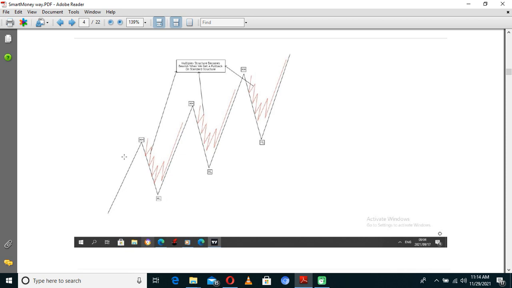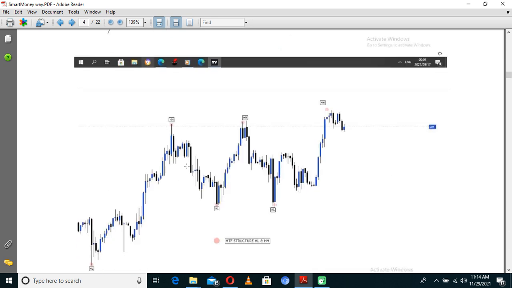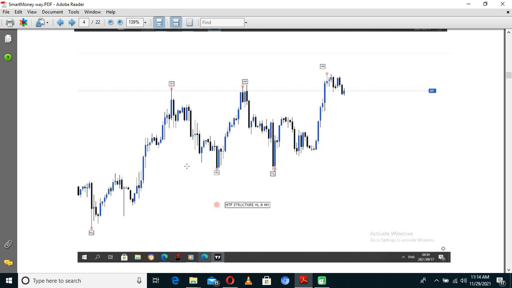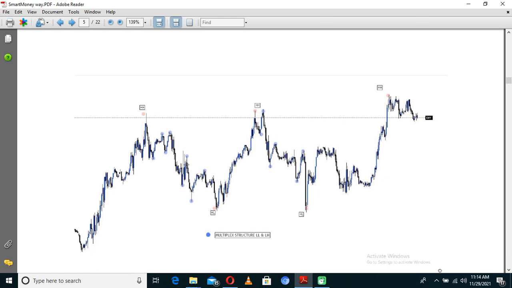As you can see, what we see on a higher time frame, we could also see on a lower time frame. If you go down, this is a higher time frame, and if you go down to our lower time frame, you can see it was creating higher highs and higher lows, higher highs and higher lows.